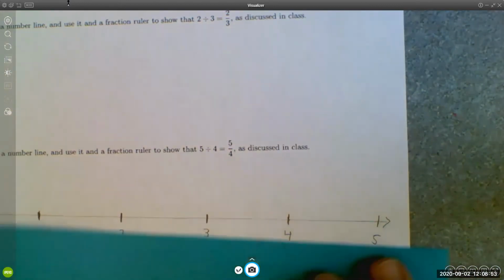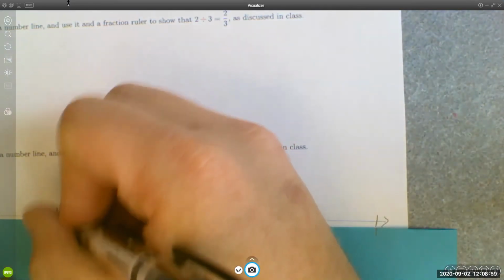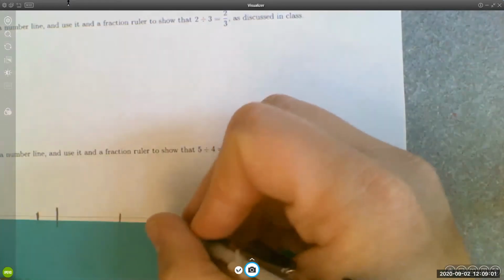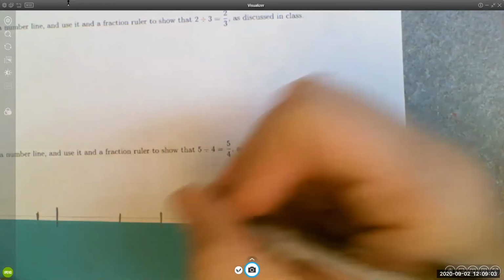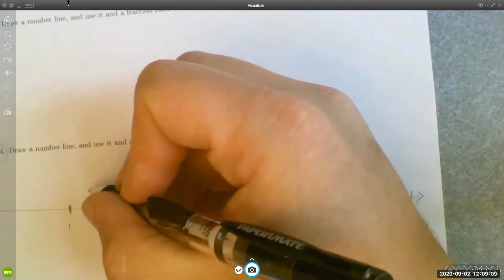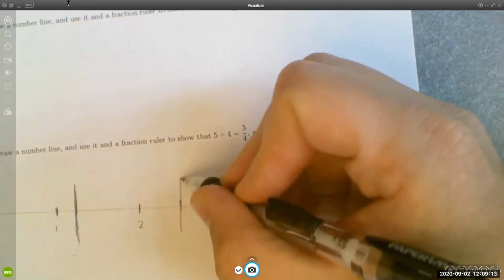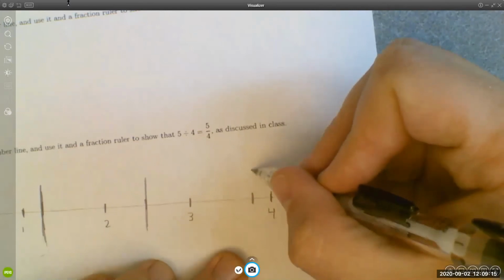Okay. So now I can mark these divisions on my number line. Okay. So there is 5 divided by 4. Here's another 5 divided by 4, another 5 divided by 4, and then another one. So I've split the distance between 0 and 5 into 4 equal parts.